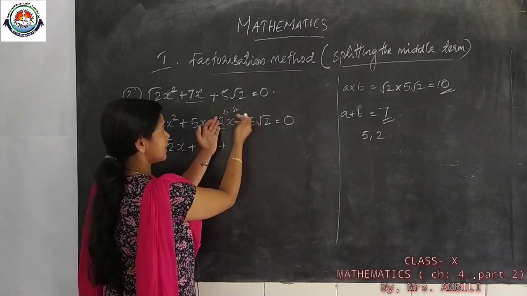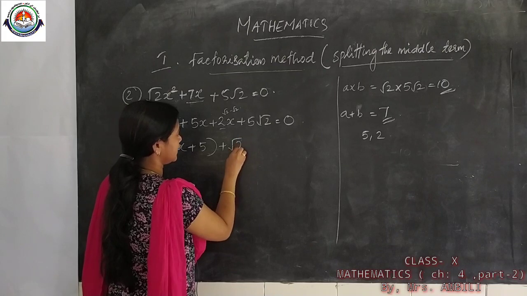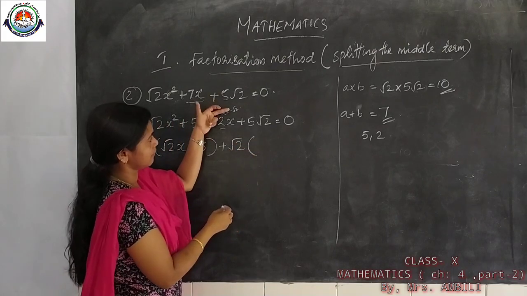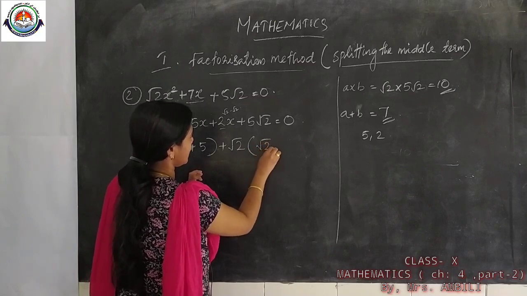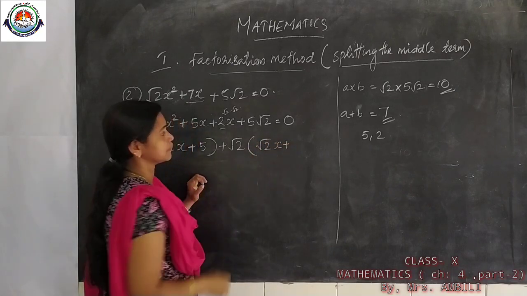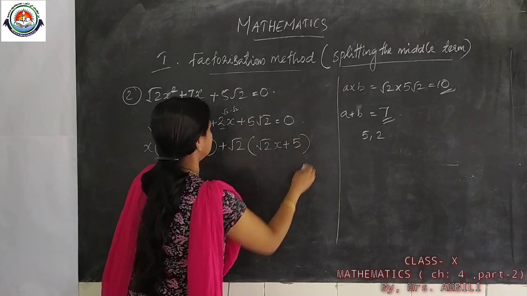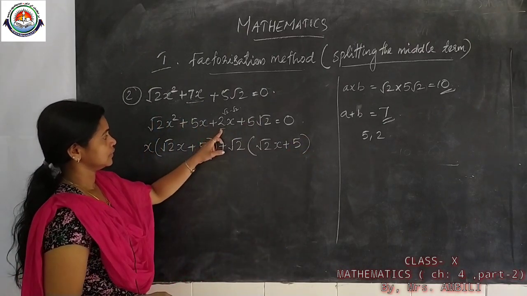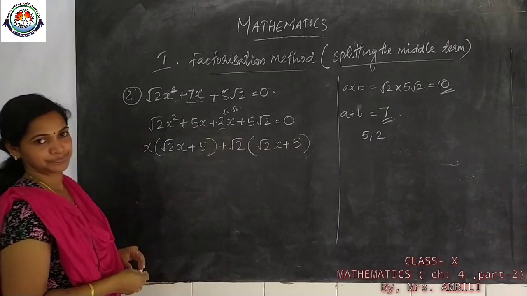So, from this I am taking root 2 outside. If you are taking root 2 outside, what is remaining? 1 root 2 is remaining. So, what is inside? Root 2x plus 5.